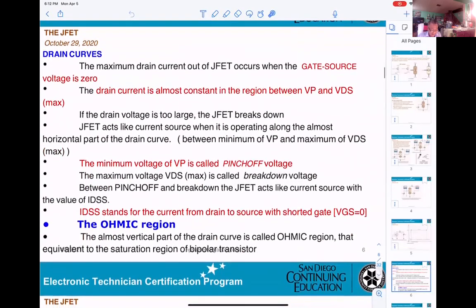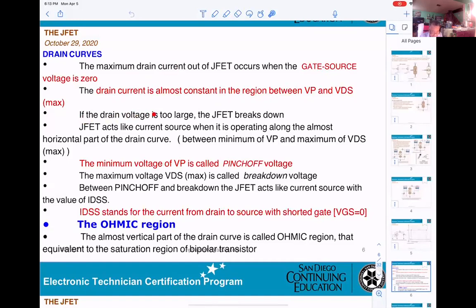Now, this is more detail. The maximum drain current out of a JFET occurs when the gate source voltage is 0. That means when VGS is 0, then you get the maximum drain current. The drain current is almost constant in the region between VP and VDS maximum.